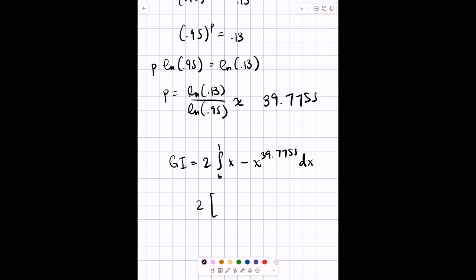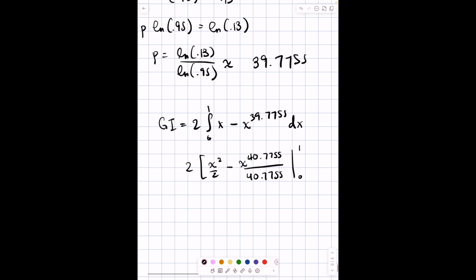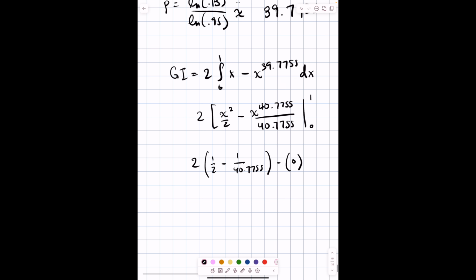Besides the weird exponent, it's very straightforward. This is 40, you still just add 1, right? So this is what you get from 0 to 1. This is 2 times 1/2 minus 1 over 40.775 minus 0.